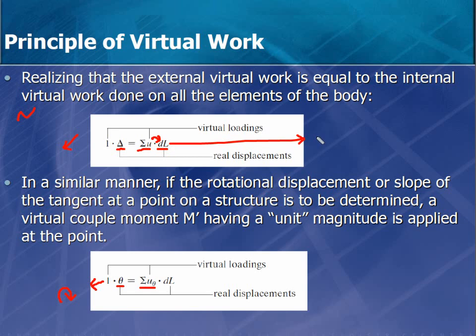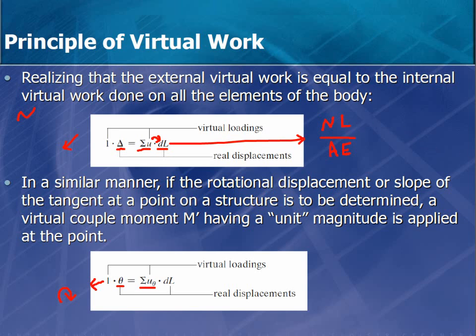Now real forces, we assume that the real force is creating what? Remember from the beginning we said that it's going to be NL over AE. This was a deformation due to normal force. The N, which is coming from where? This capital N is coming from the real forces.